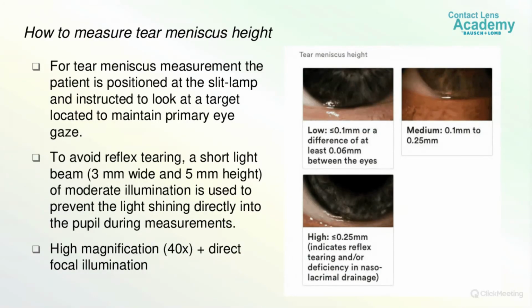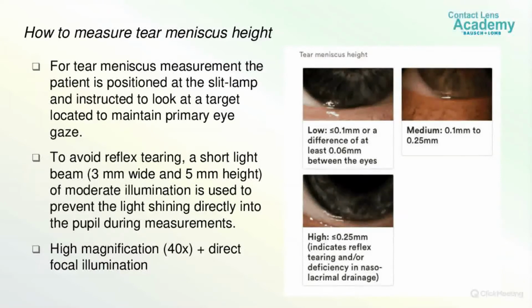So, how to measure the tear meniscus height? For tear meniscus measurement, the patient is positioned at the slit lamp and instructed to look at the target located in the primary eye gaze.